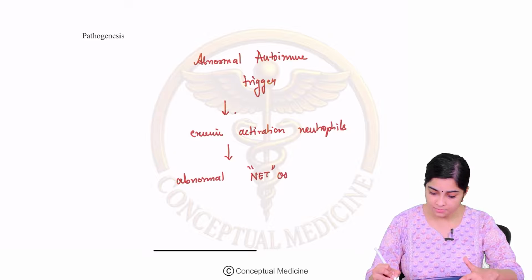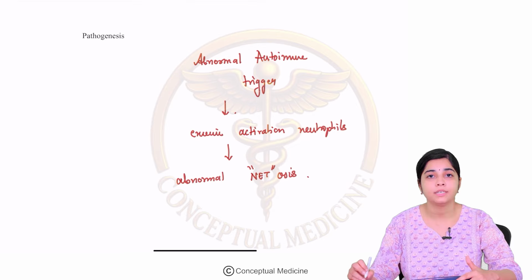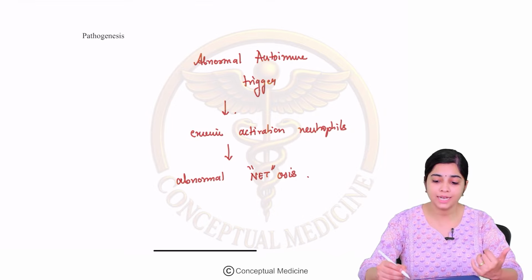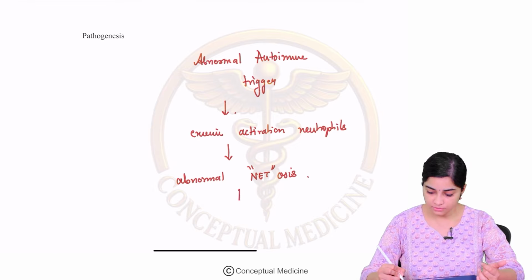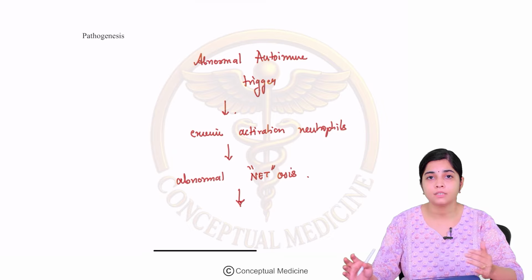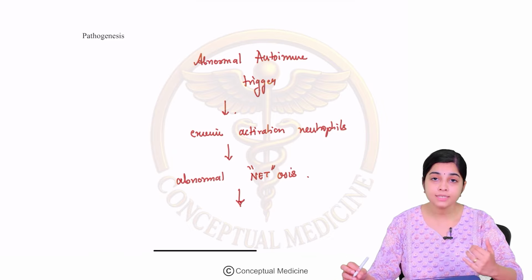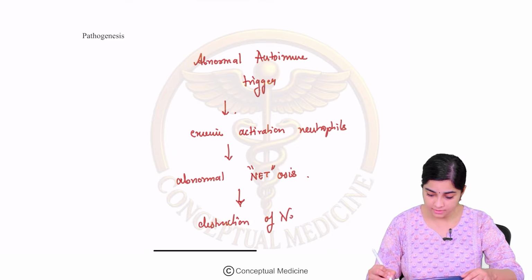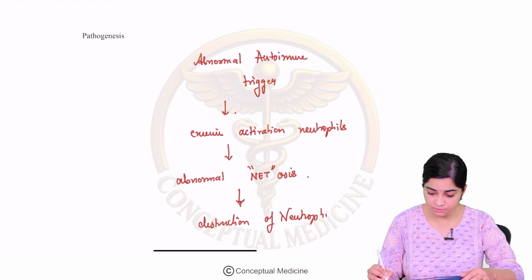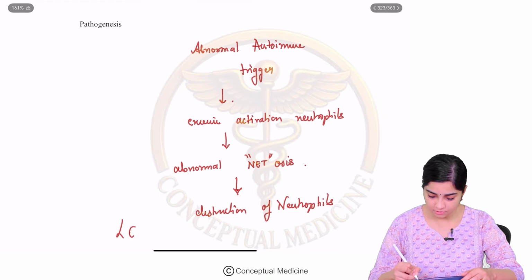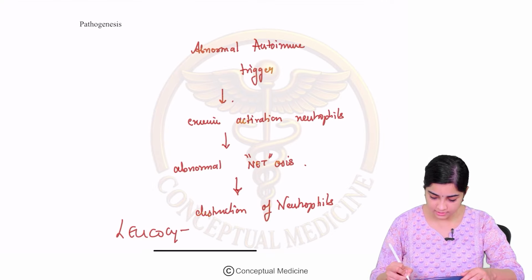There is abnormal NETosis, means what? NETosis refers to neutrophil extracellular trap formation, and that itself becomes disorganized. Okay, this abnormal NETosis results in destruction of the neutrophils themselves, with accompanying inflammation, and this is what we call leukocytoclasis.